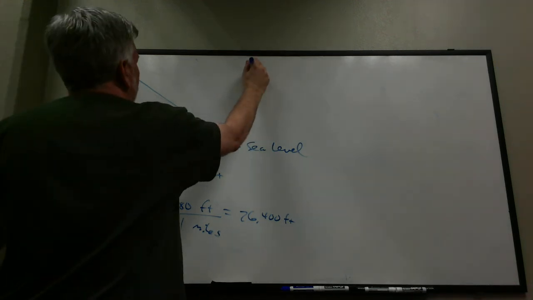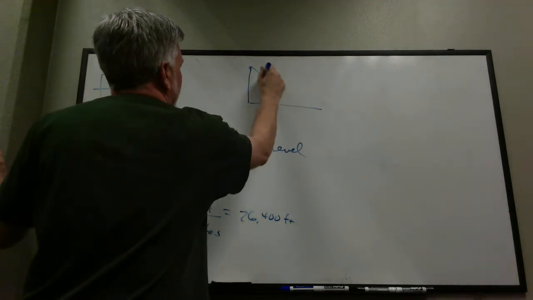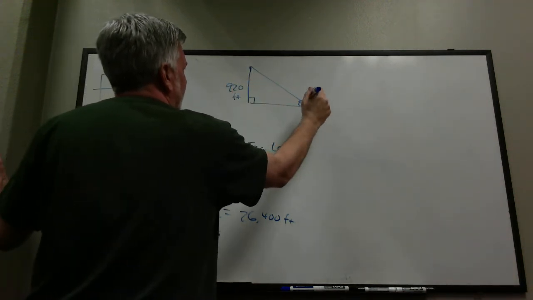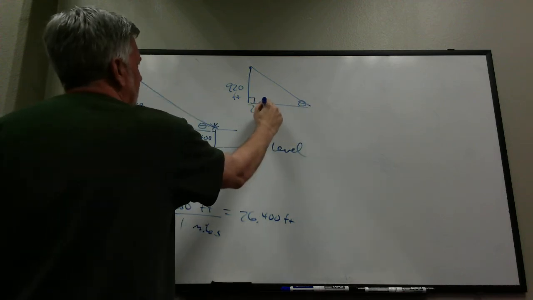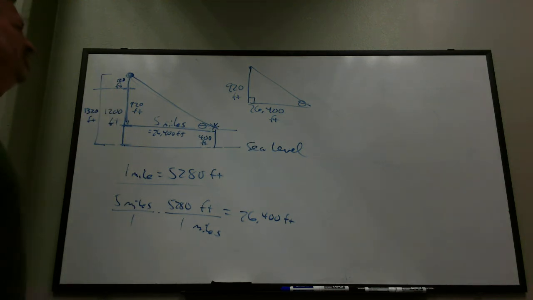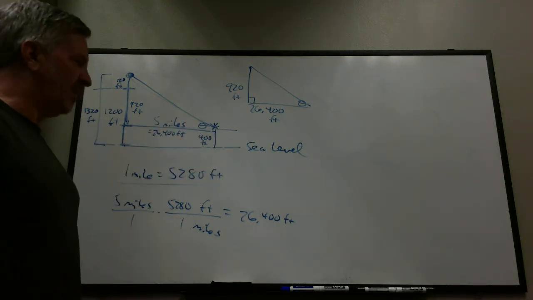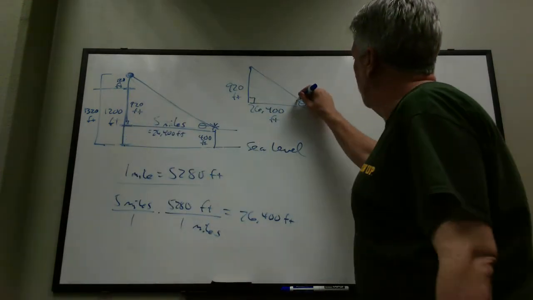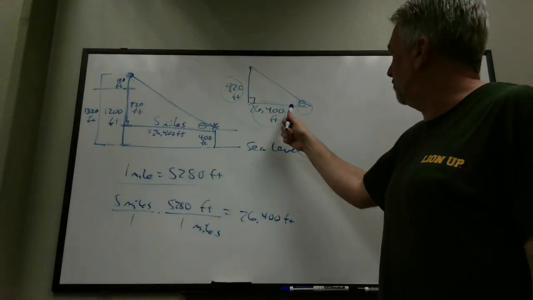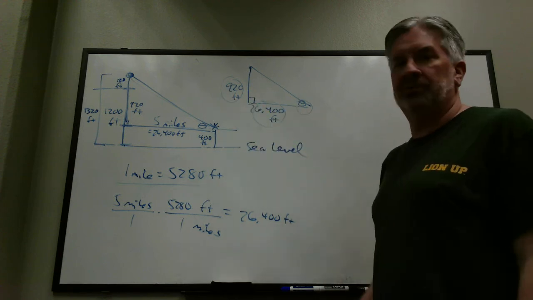So let me draw the triangle we're interested in here so you can see. So this is 920 feet, this is theta, and this is 26,400 feet. So this triangle right here. Okay, and we're trying to find theta. So we choose an acute angle and two sides, and then you ask yourself what trig function relates that angle to those two sides.